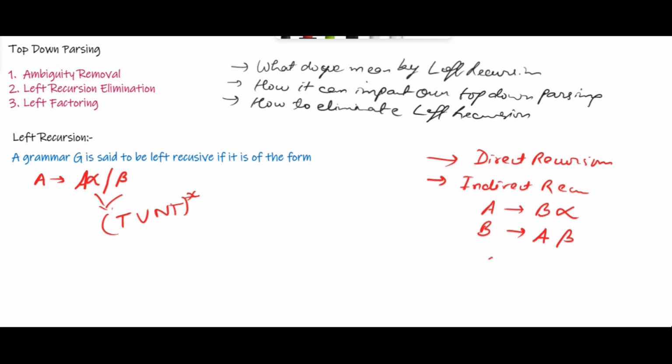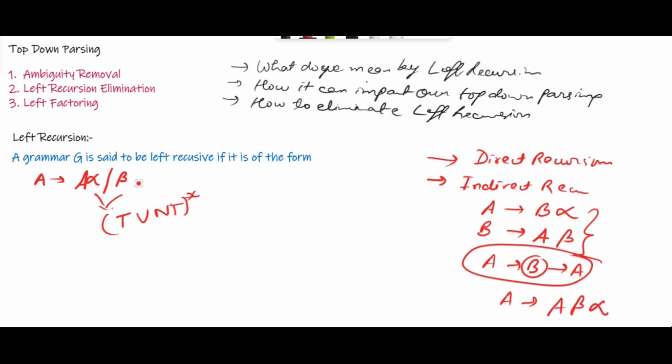So here we are moving from A to B and then from B to A. If you substitute these two, it will be like this: A tends to A beta gamma. So again we are getting some left recursion here. This type of recursion is known as indirect left recursion.